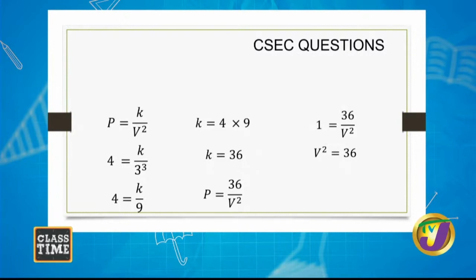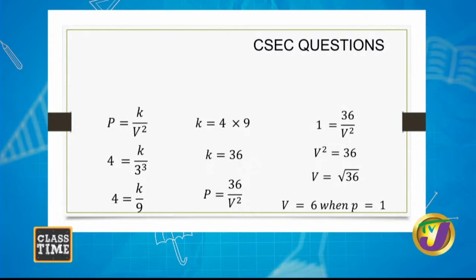Our bright students in TV land know exactly what to do. They're just going to find the square root of both sides. Right. So we find the square root of 36, and we see that V is equal to 6. I want to point out here, Richard, because I don't want our students to miss this, that if we were to square a negative 6, we would still get 36.